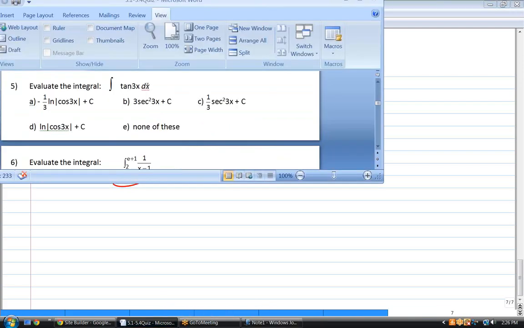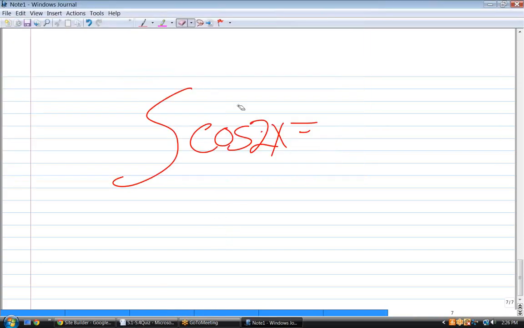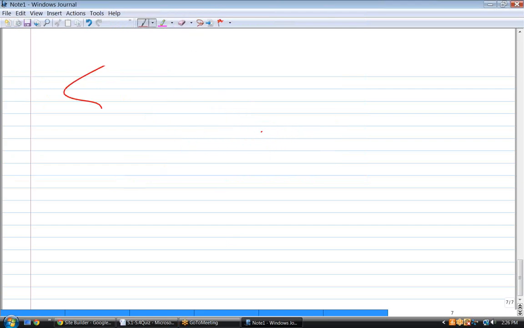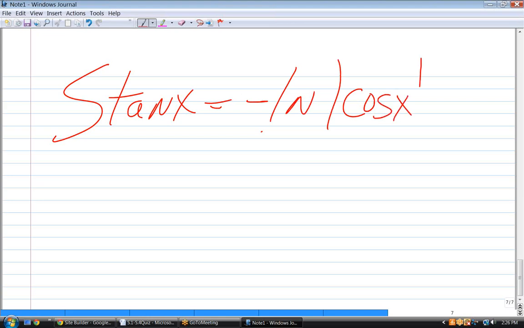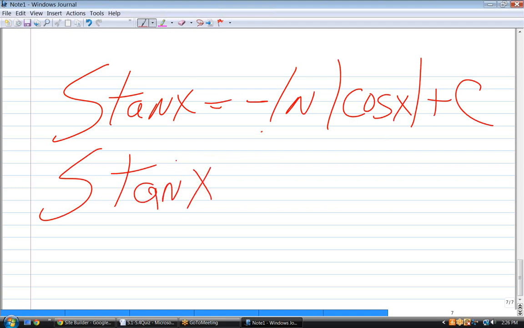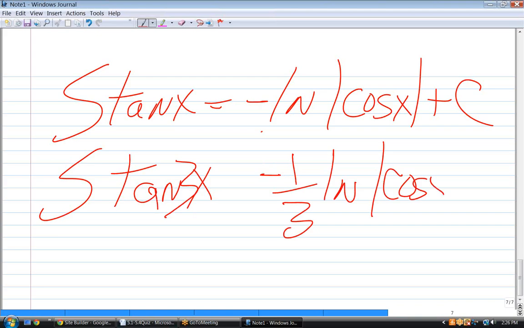So since we're integrating tan of 3x, and we know the integral of tan x equals minus natural log of cosine x plus c, it's not a huge stretch to say the integral of tan of 3x is going to be minus 1/3 natural log of cosine of 3x plus c.